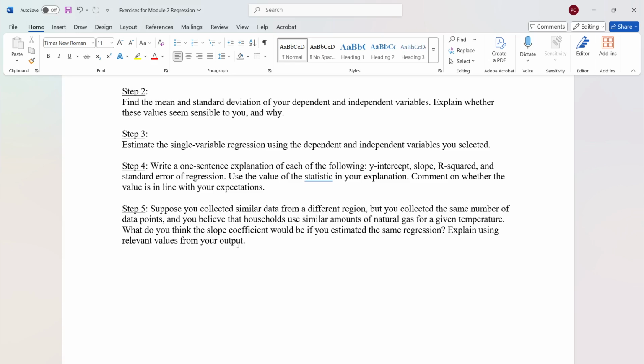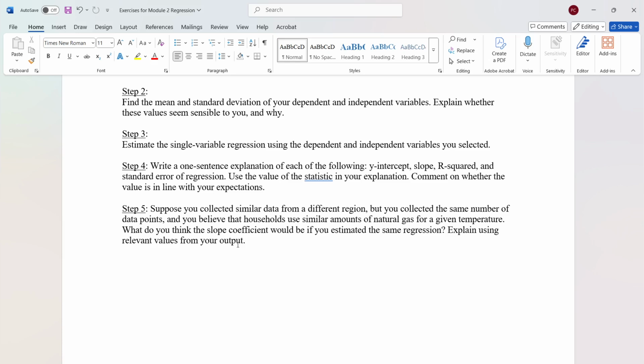Now, if I choose a region where X doesn't change, I might have a less precise estimate coming from here. But it's just asking what you think the slope coefficient would be. If I have to guess one number from a different region, but maybe a similar region, households use similar amounts of natural gas for a given temperature, my best guess is that my estimate is going to be close to the population parameter.